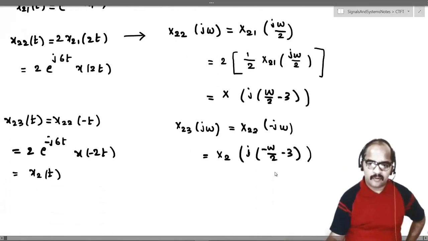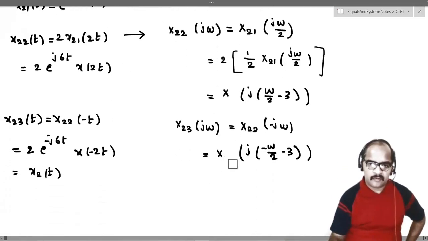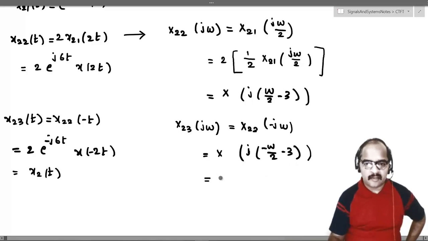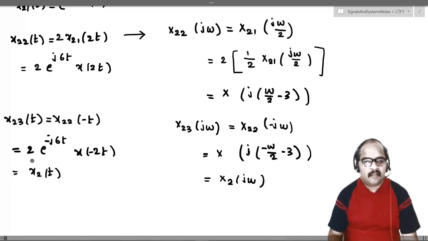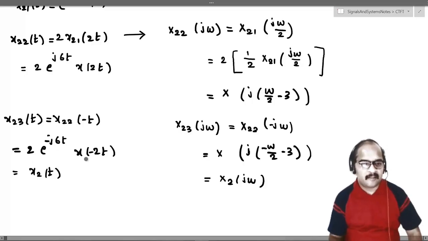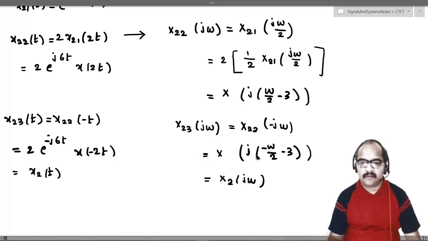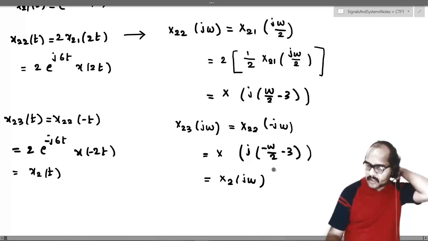So this is x of j minus omega by 2 minus 3. In that way we get x2 of t as 2 e power minus j60 x of minus 2t. So this will have x of j minus omega by 2 minus 3 as the Fourier transform.